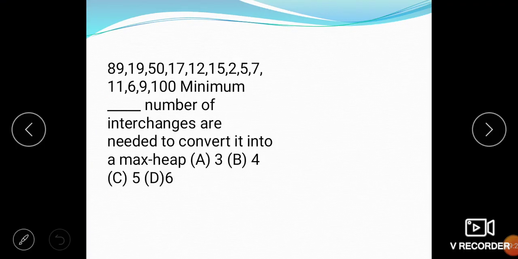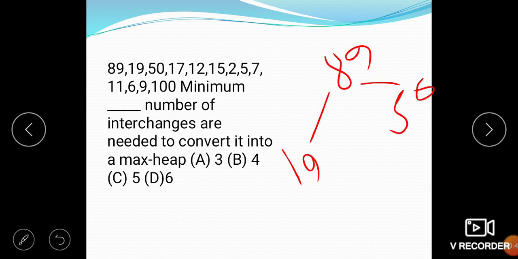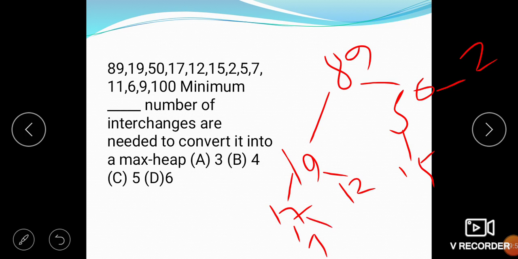Now next, the minimum number of interchanges. This is the max heap. Max heap means that the root node should be greater than the child nodes. So first insert 89, then 19, then 50, then 70, then 12, then 15, then 2, then 5, then 7, then 11, then 6, then 9, then 100.